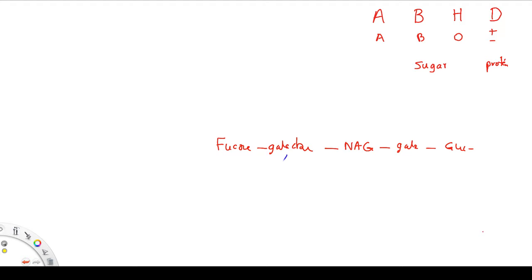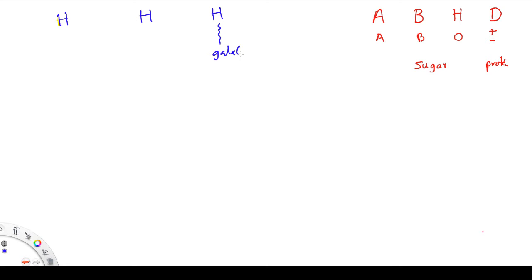Okay? So to make it simple, let's say we have the H antigen. This is the H antigen, H antigen, and H antigen. If you attach to H antigen galactose only, that's something else. If you attach N-acetyl galactose, that's something else.